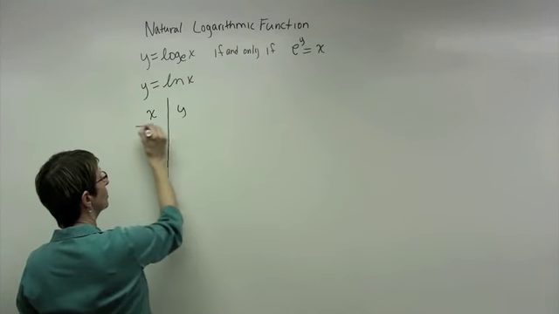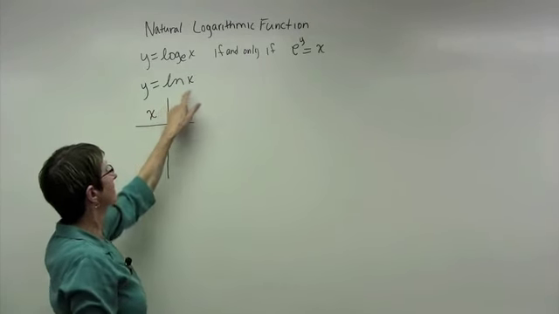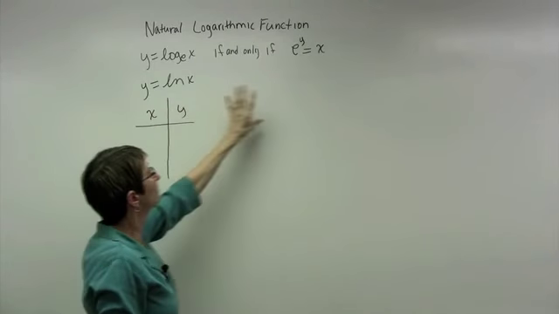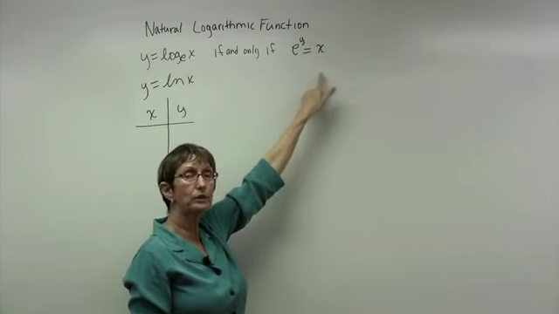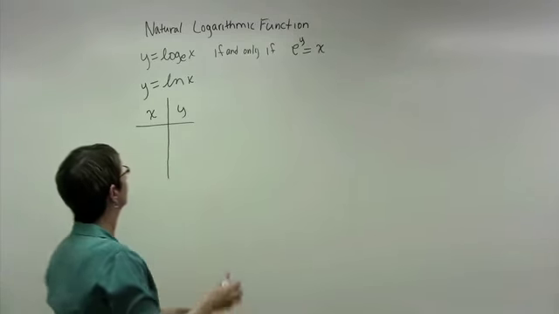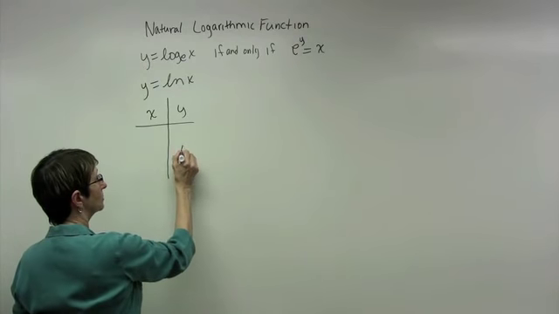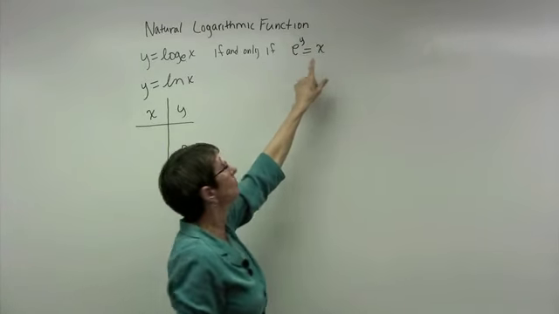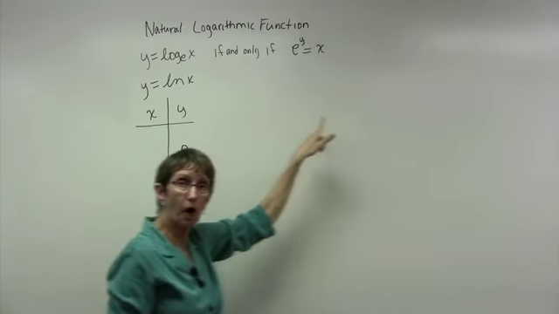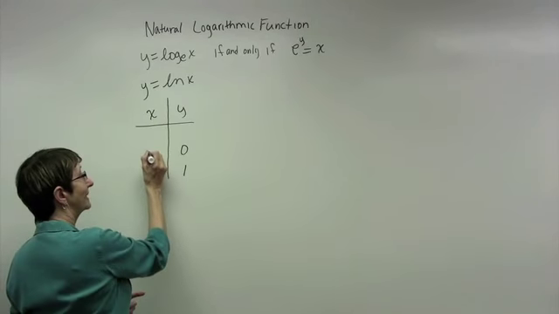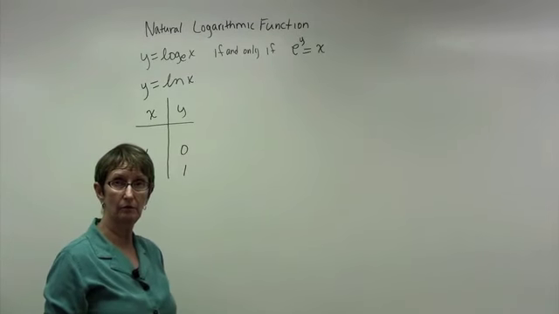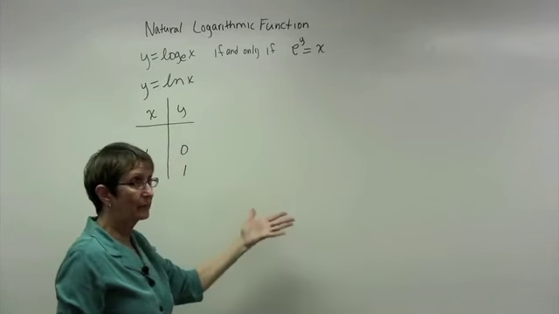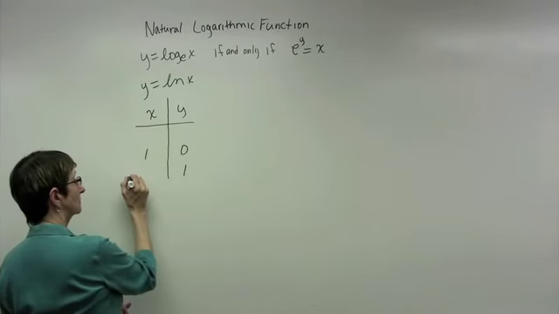Since I don't know offhand what the natural log of 1 is, I'm going to use the exponential form. So I'm going to choose values for y. Say, let's do 0 and 1 to begin with. So if y is equal to 0, e to the 0 is 1, so x is 1 when y is 0. If y is 1, e to the 1 is e, which is about 2.7.